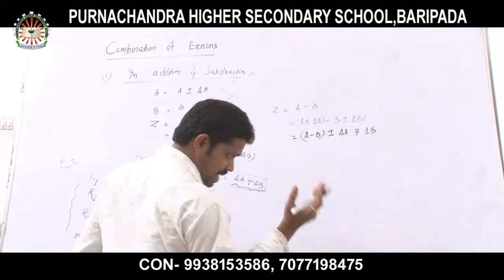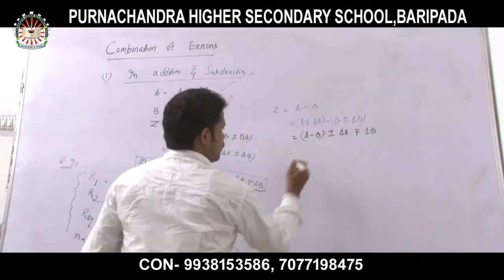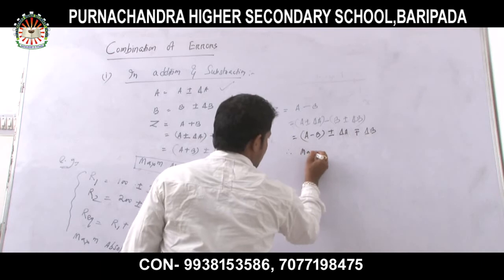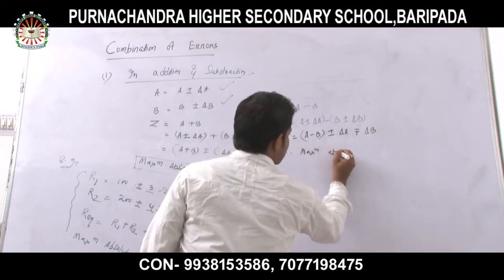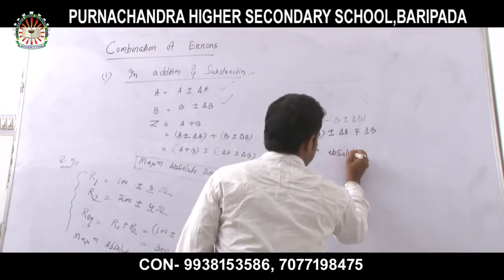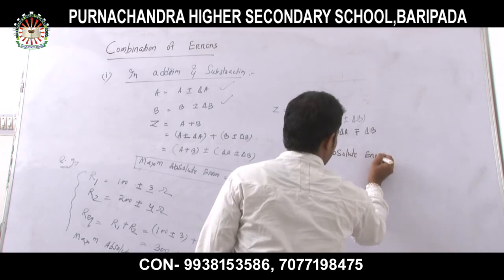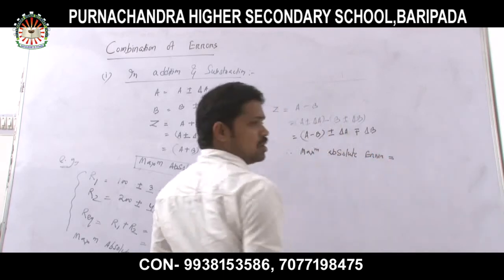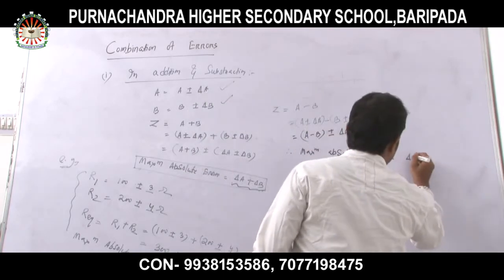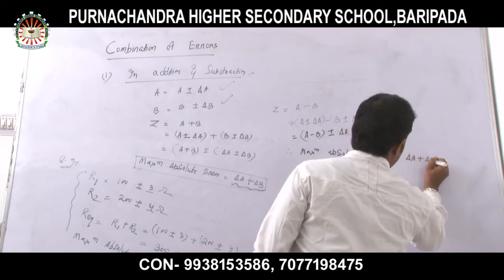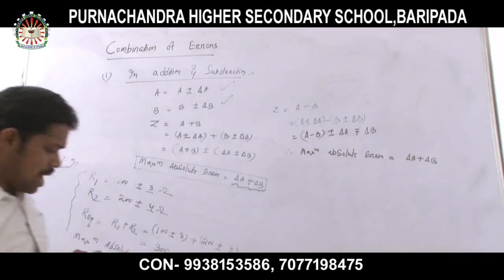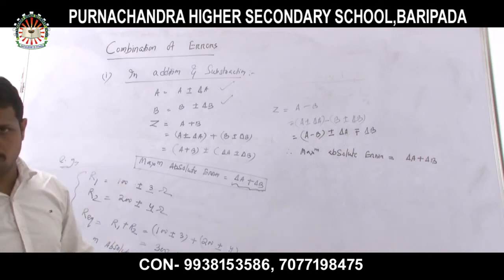Now, what is my maximum? I have to get the maximum absolute error. So in case of subtraction, the maximum absolute error is equal to the same, del A plus del B. Now we have a very interesting conclusion.